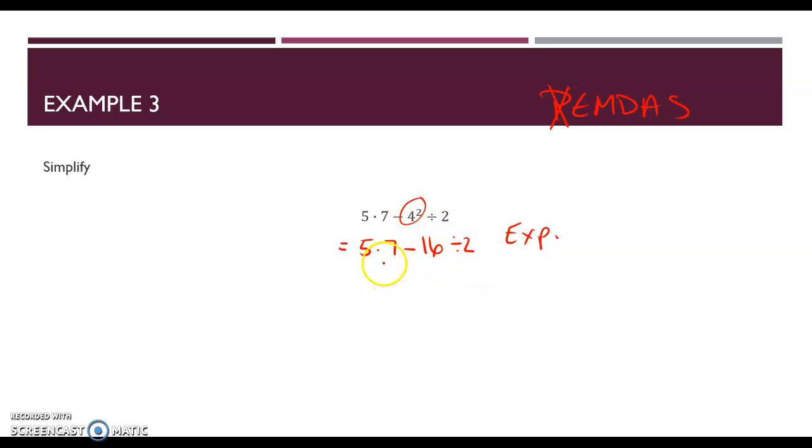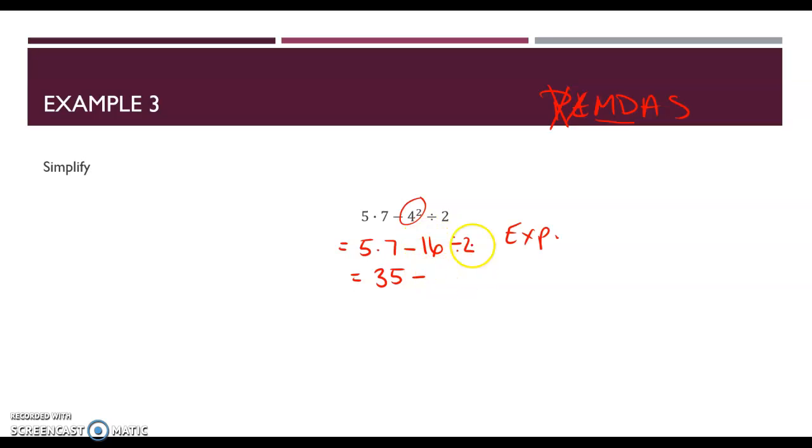After I've done my exponents, now I'm going to do multiplication and division, and remember they happen at the same time from left to right. So as I look at this, I have 5 times 7, so that's going to be 35, minus, and then we have 16 divided by 2.